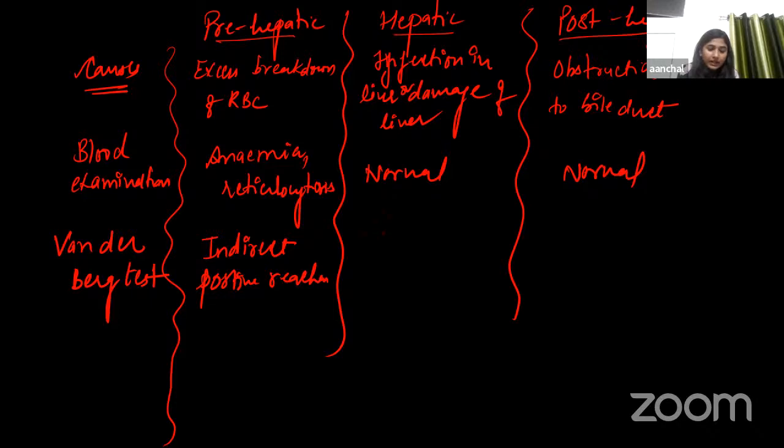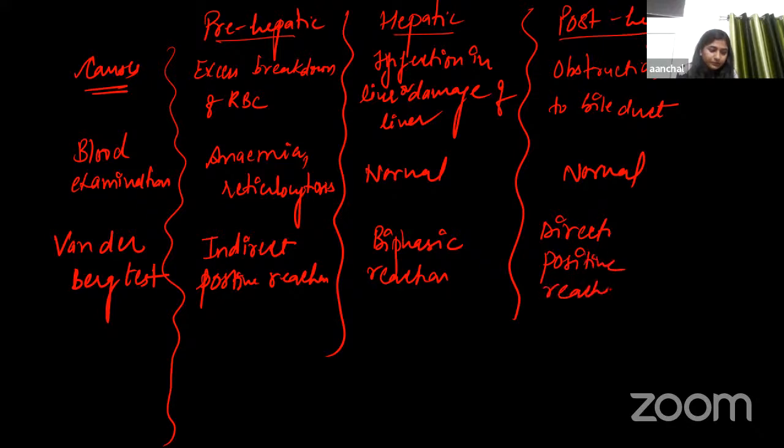In hepatic, it will show biphasic, because in hepatic, there will be decrease of both the conjugated as well as unconjugated bilirubin. So it will show biphasic. And in post-hepatic, only conjugated bilirubin will be affected. So it will be direct positive reaction.